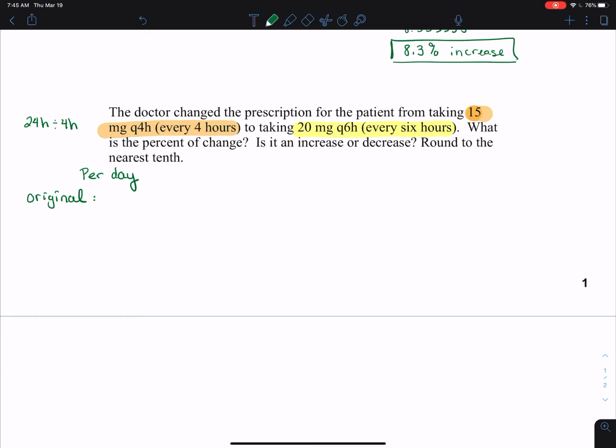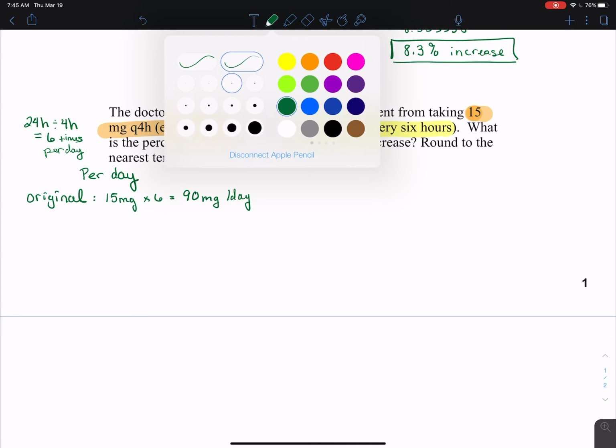If we divide by 4 hours, that tells us that we're getting this medication 6 times per day. So I'm going to take the 15 milligrams, multiply it by 6, and find that originally this patient is getting 90 milligrams of medication per day.